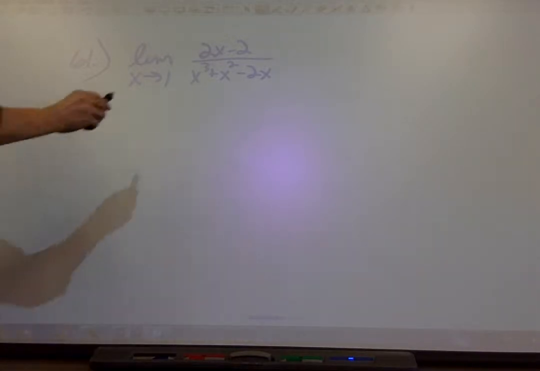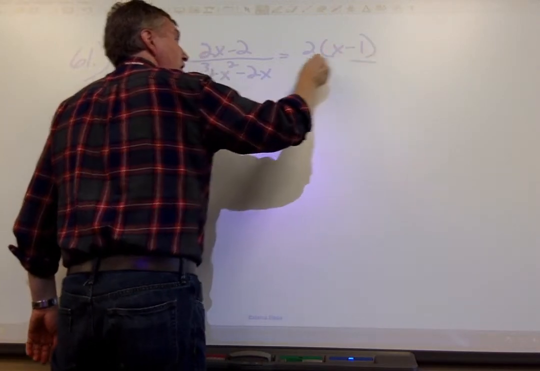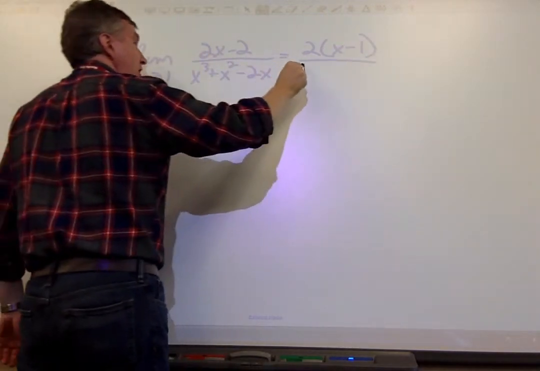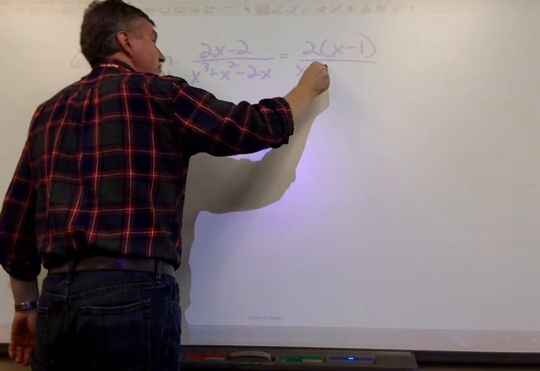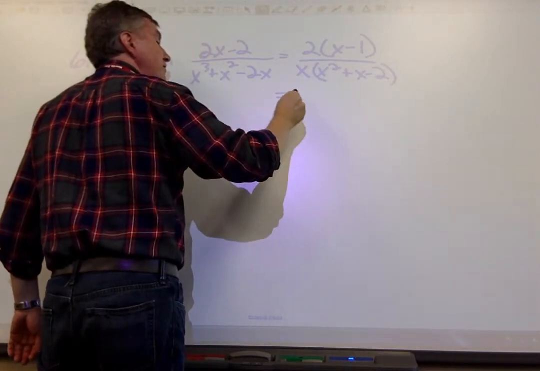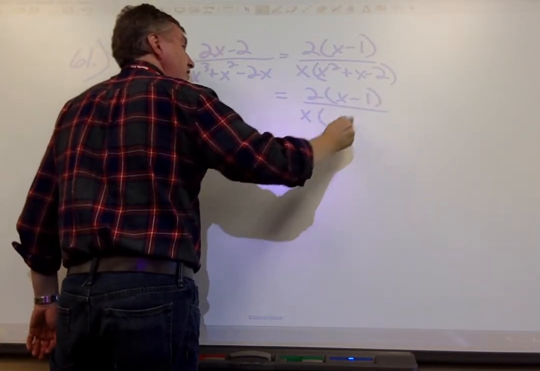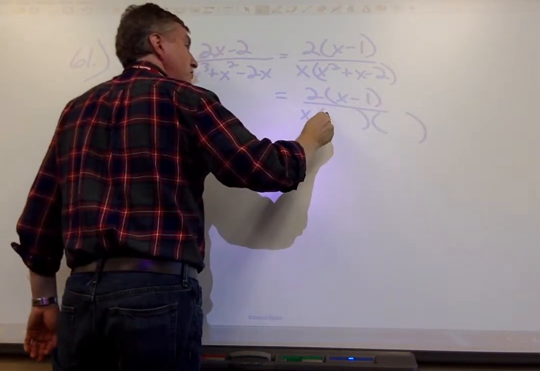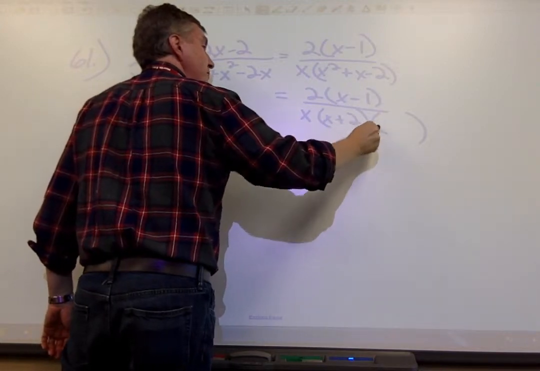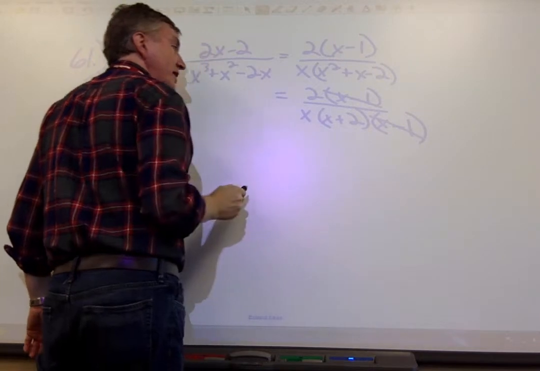So if I factor the numerator, and then I factor the denominator, all I can factor out here is an x first, x squared plus x minus 2, and then go one step further, I think that's going to factor into x plus 2, x minus 1. And then the x minus 1s will cancel.